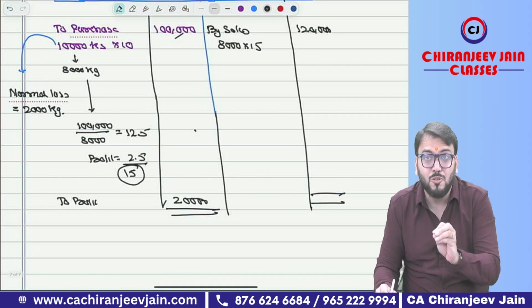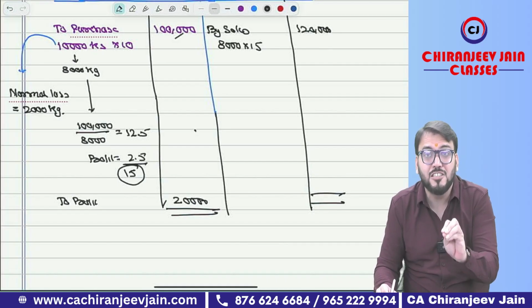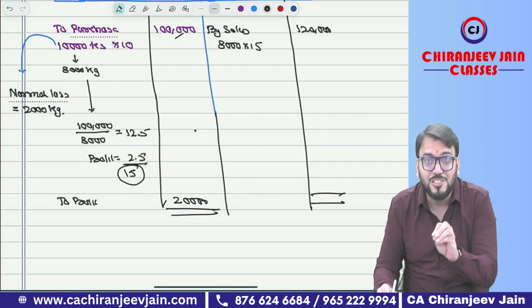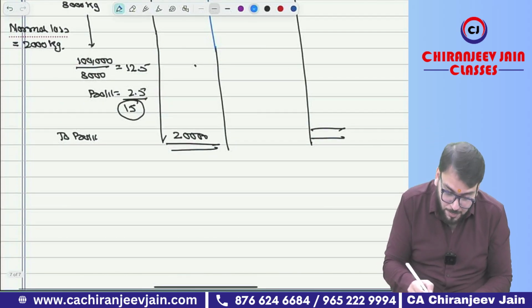Why? Because the cost of normal loss is included in purchase and there is no need to separate it, because that will not be charged to profit and loss account. Got this point?